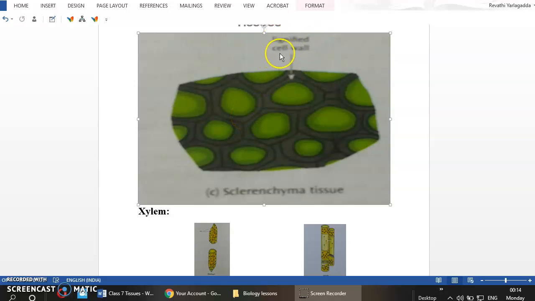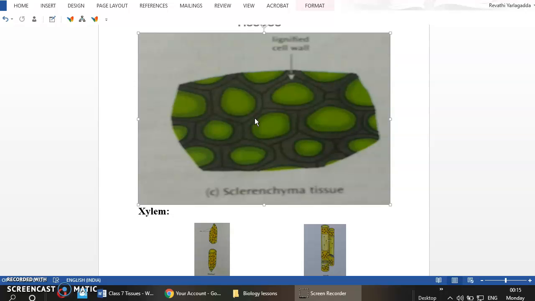That is why the cell wall is called the lignified cell wall, as it is written over here. Then the sclerites, which are also sclerenchyma cells. Fibers appear like long thread-like structures, whereas sclerites are small, oval or irregular in shape.